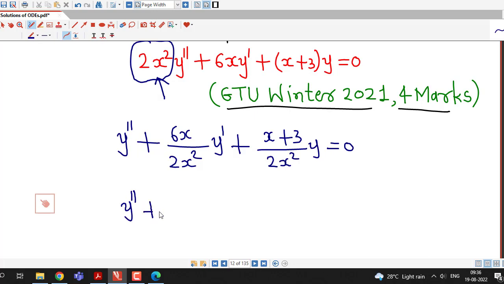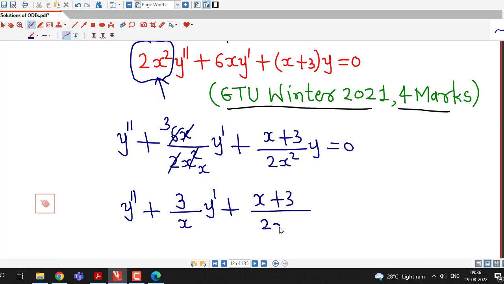We can cancel out this 2, and x will cancel out here. So I can write this as: here 2 will cancel out, here x will cancel out, and I am left with 3 divided by x into y′ plus (x+3) divided by 2x² into y equal to 0.